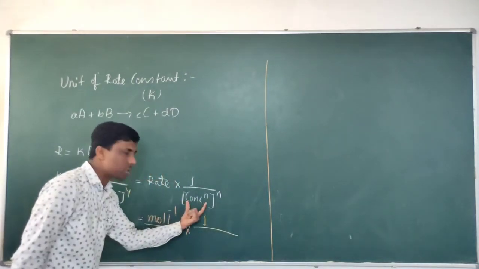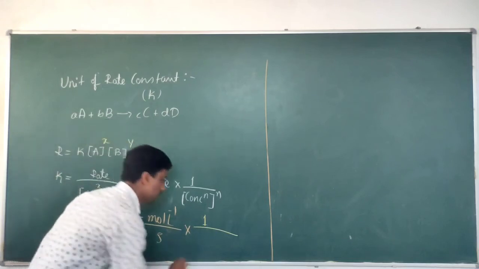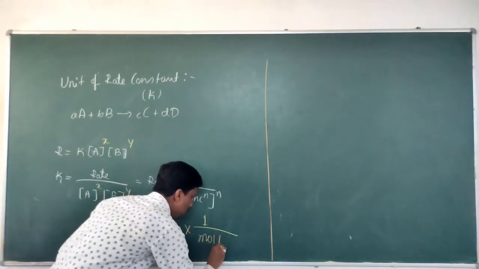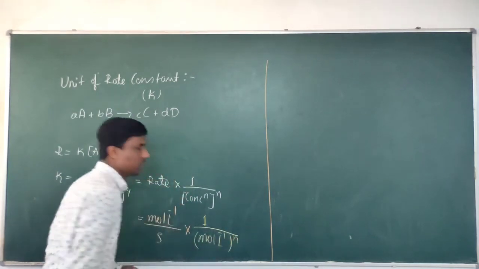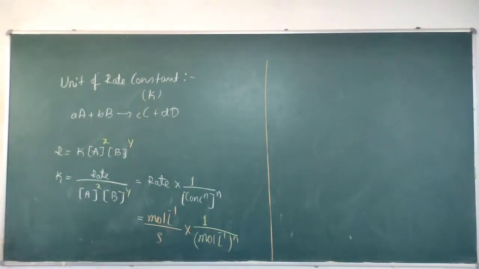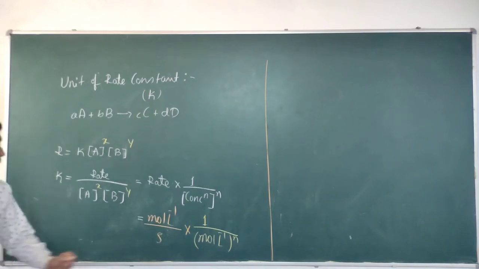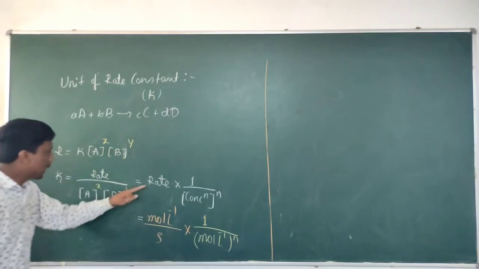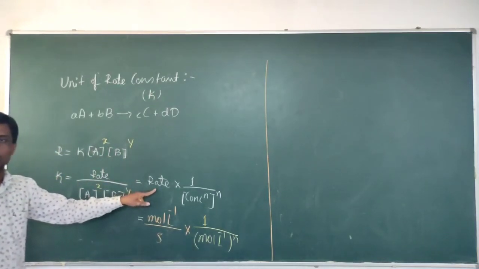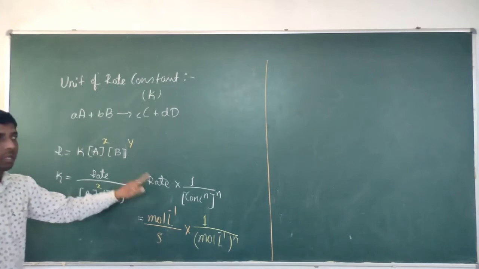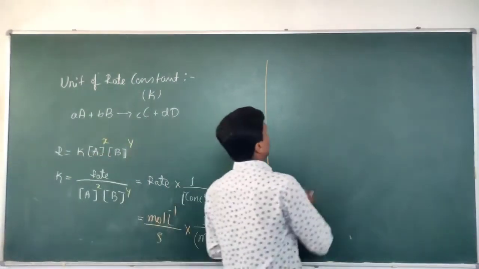How do you define the concentration? Again, mole per liter, with n. n may be 0, 1, 2, 3 or even a fraction. With the n value, the K unit could change. How is that? Okay, let us discuss that.